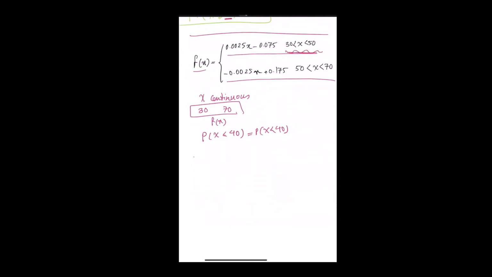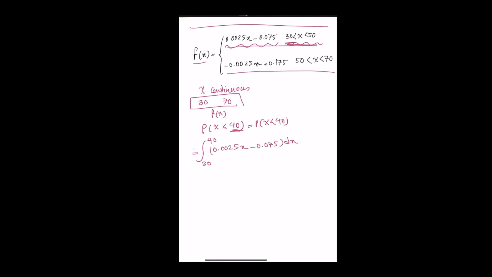Since x is a continuous random variable, it's always the integral from the lower bound, which is 30, to the value of x, which is 40, of f of x, which in this range is the first function, 0.0025x minus 0.075 dx.